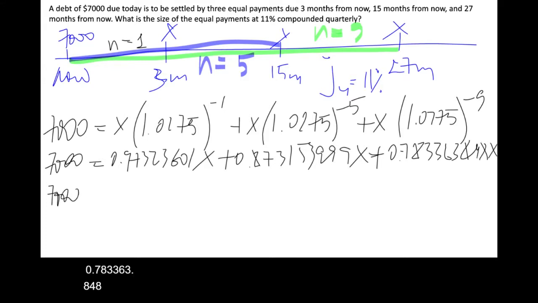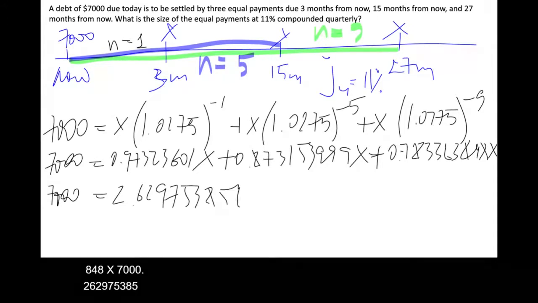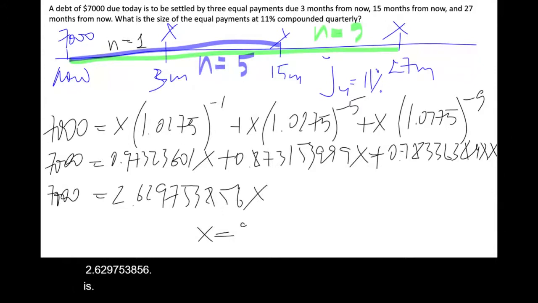So 7,000 equals 2.629753856X. So X is 2661.85. That's it.